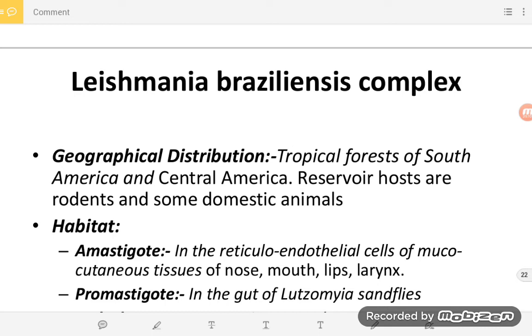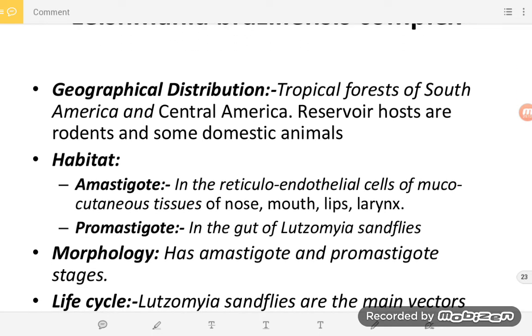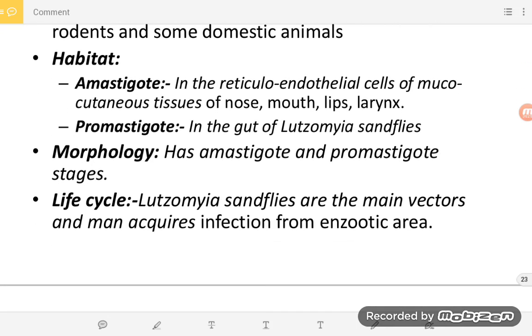Leishmania braziliensis complex. Here you can see it normally in the tropical forests of South America and Central America. The reservoir hosts are rodents, and sometimes some domestic animals. When we consider the habitat of Leishmania braziliensis, the amastigote form we can see in humans in the reticuloendothelial cells of the mucocutaneous tissue of the nose, mouth, lips and larynx.